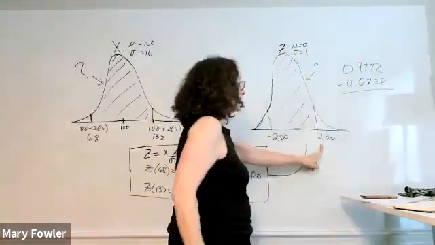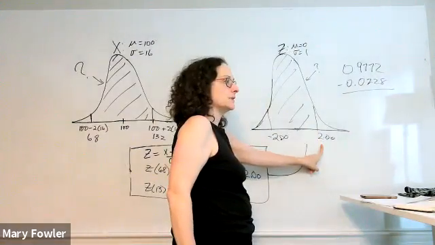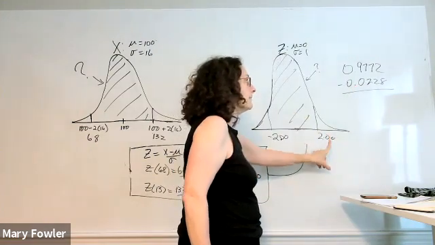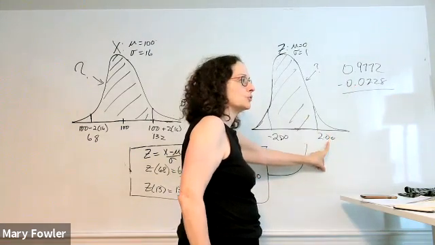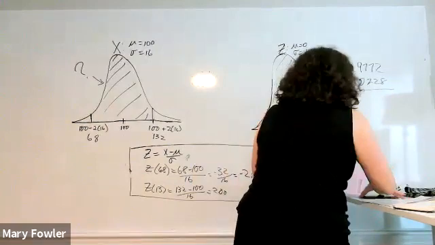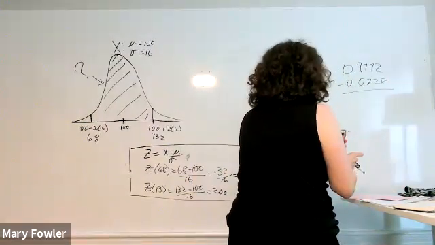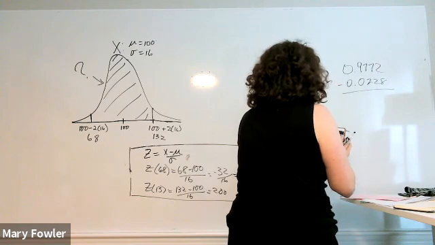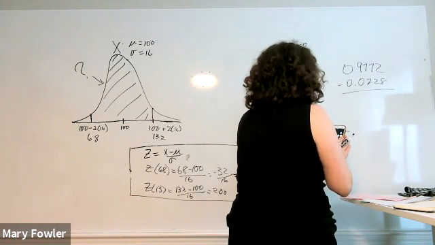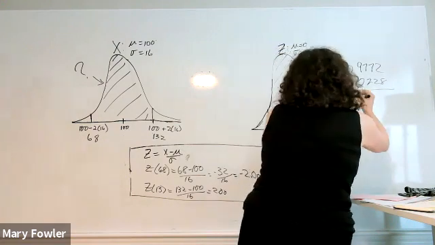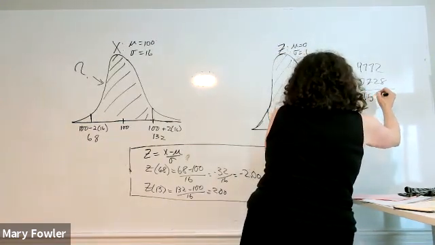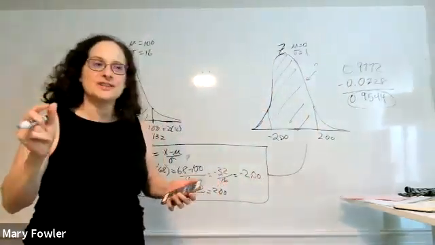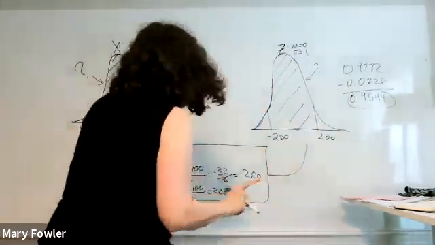The area to the left of 2 is 0.9772, and the area to the left of -2 is 0.0228. Now we subtract and get 0.9544, a calculation we saw in a recent video or in class.